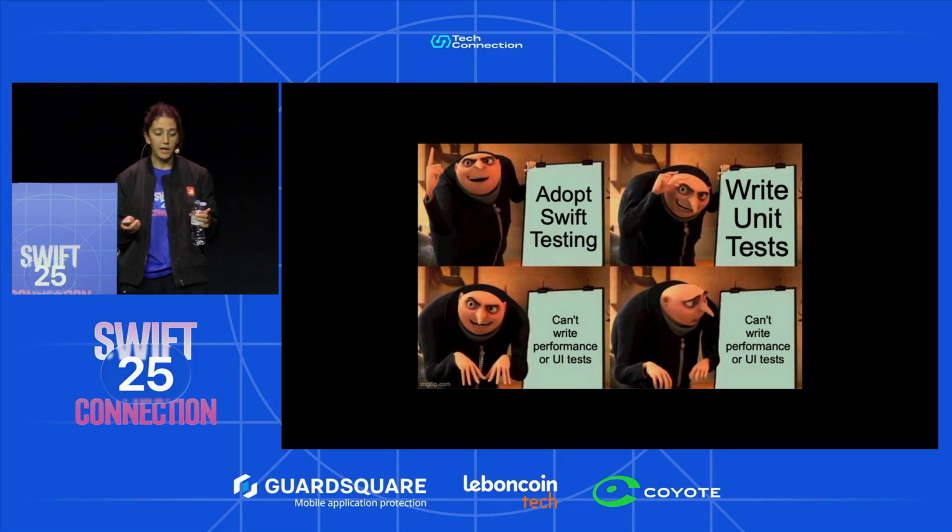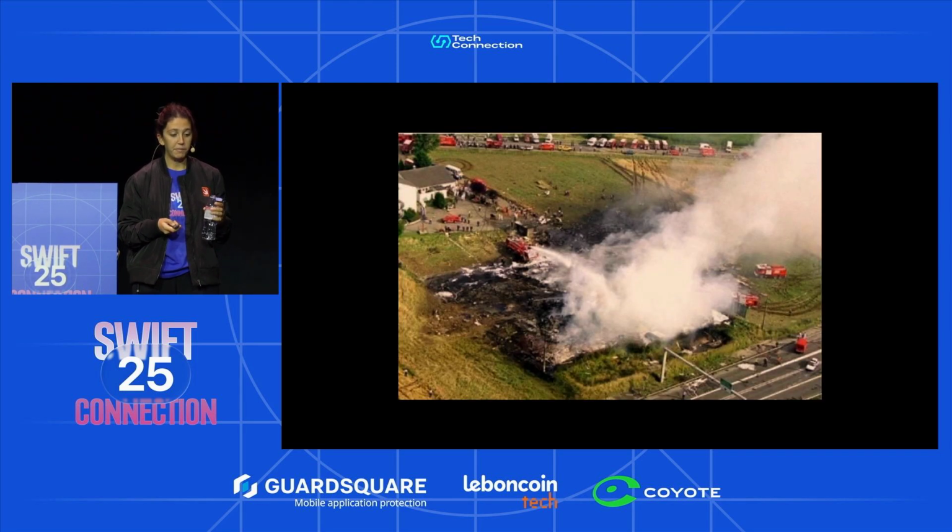Don't do that. So you have to be conscientious and aware of that when you're adopting Swift testing. And basically, the goal of all of this is that your application doesn't end up like the Concorde.